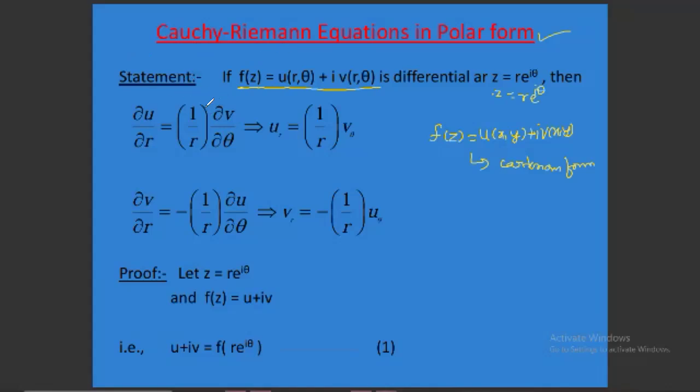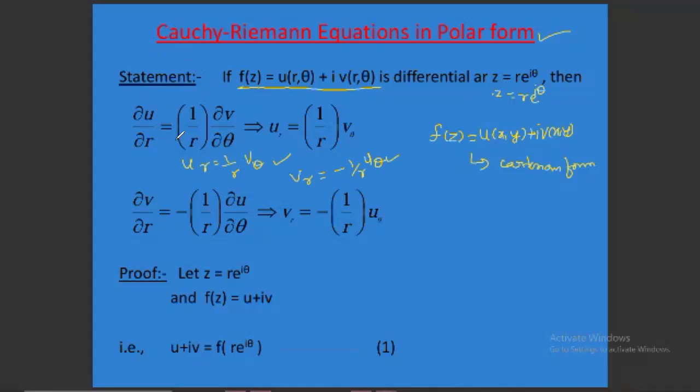Then this condition is true when it satisfies the CR equation: ur is equal to 1 by r into v theta, and vr is equal to minus 1 by r into u theta. If it satisfies these two conditions, then we will tell that f of z in the polar form is analytic. We are going to prove this.